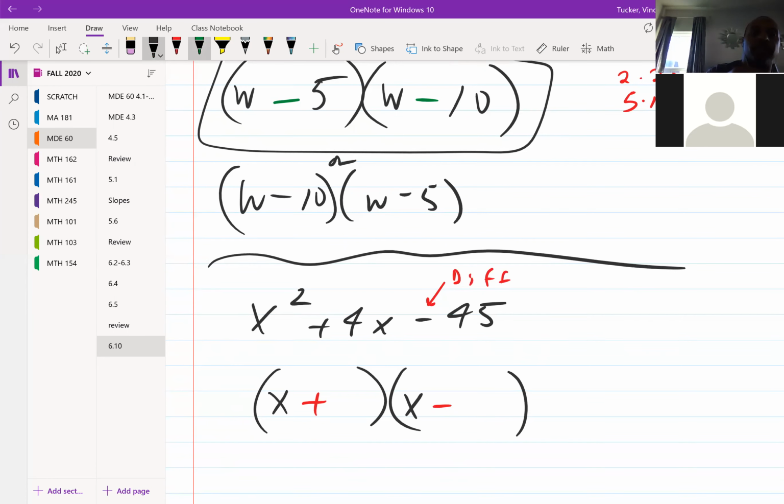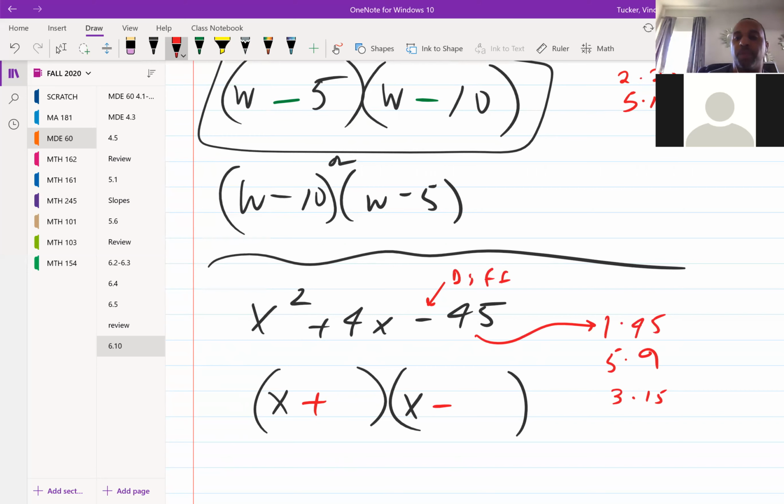Once again, x squared is a result of x times x. Now we need the factors of 45. Because our signs are different, they need to subtract from each other to give us 4 in the middle. So you're talking about 1 times 45, 5 times 9, 3 times 15.